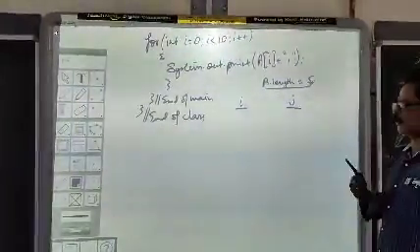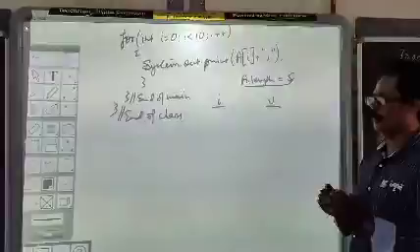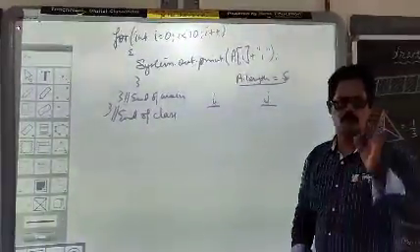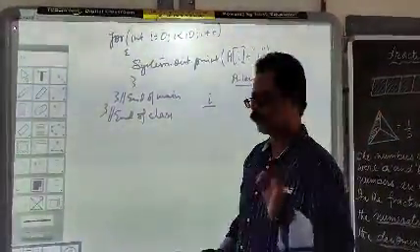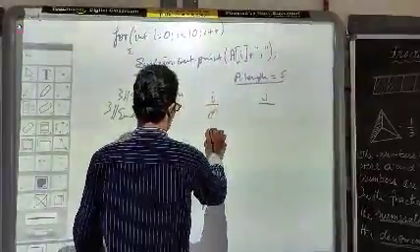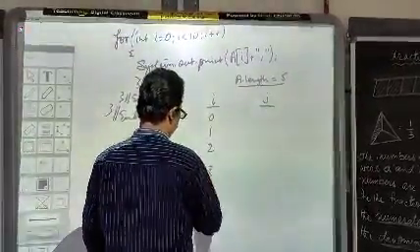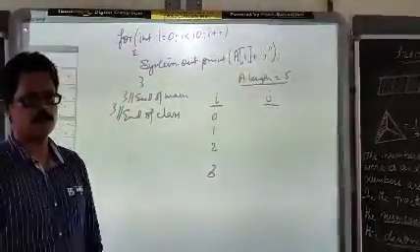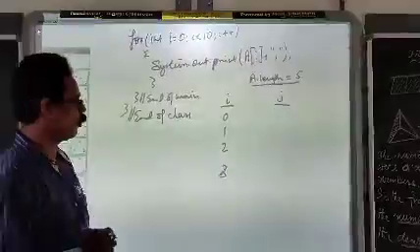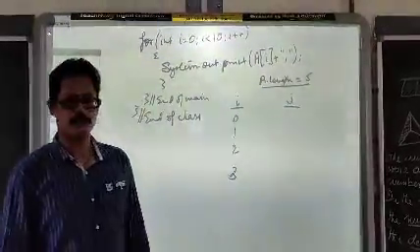Please remember, it is a.length minus 1. So a.length is 5, 5 minus 1 is 4, less than 4 is 3. That means it should be 0, 1, 2 and 3. That means the number of iterations will be 5 minus 1, that is 4, in case the array length is 5.